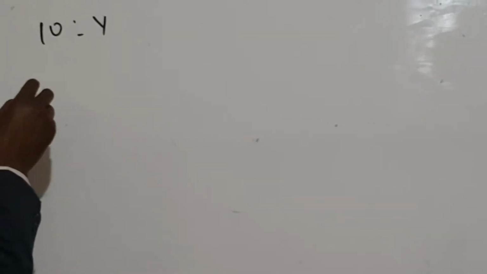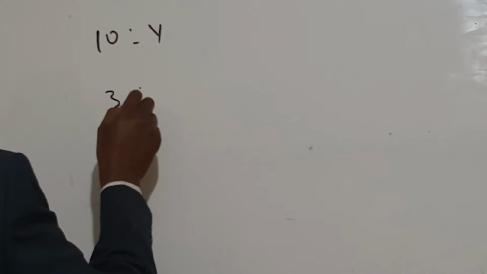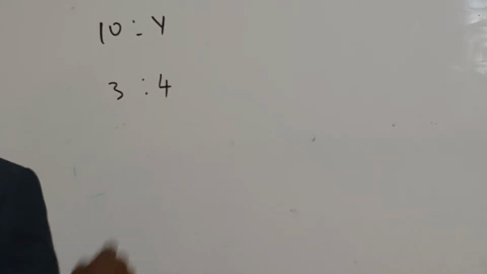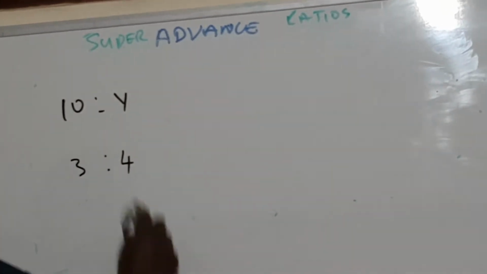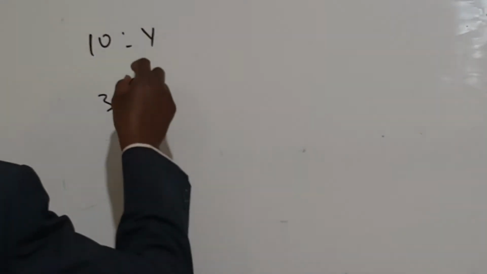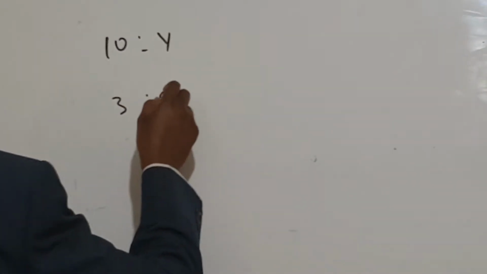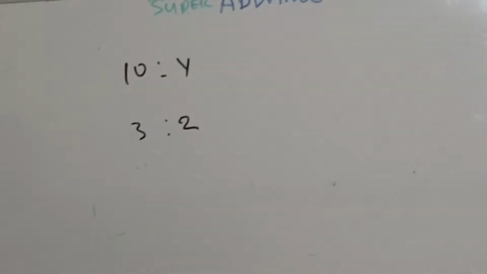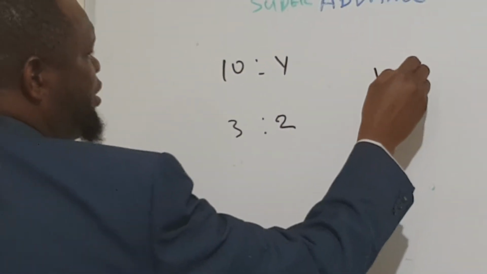10 to y, increased in a ratio of 2 to 3. So this will be 10 times 3 over 2.